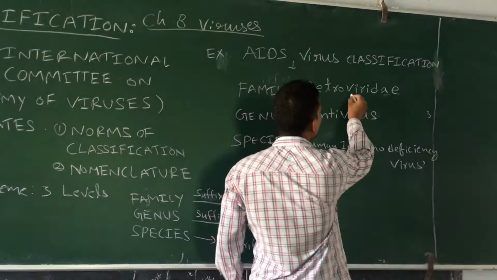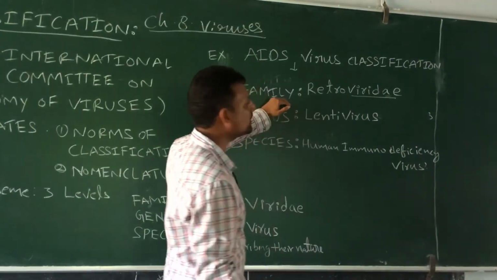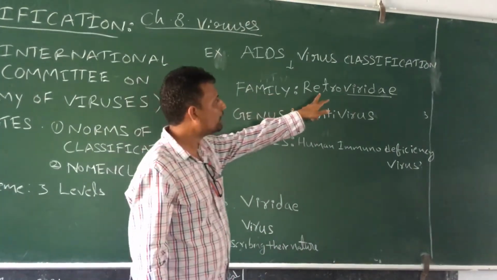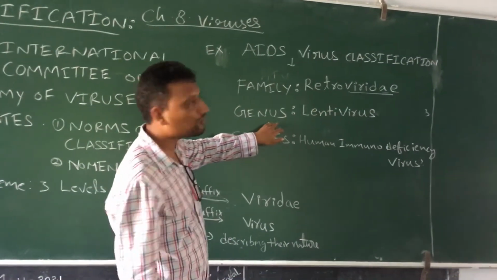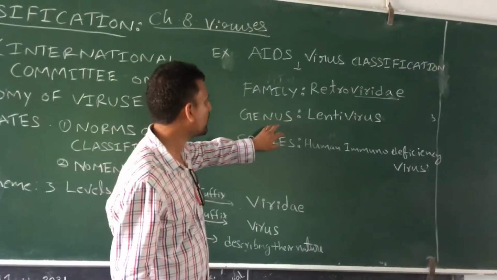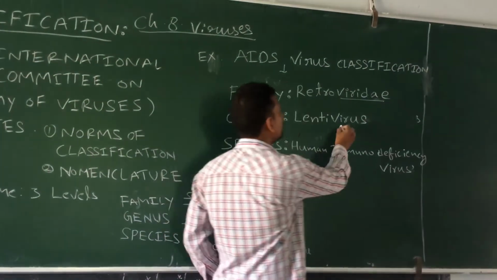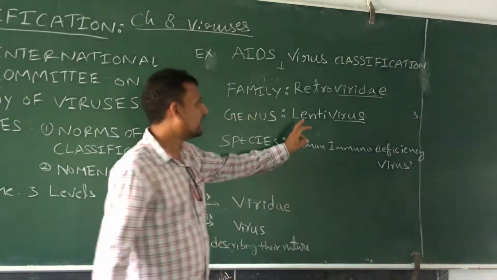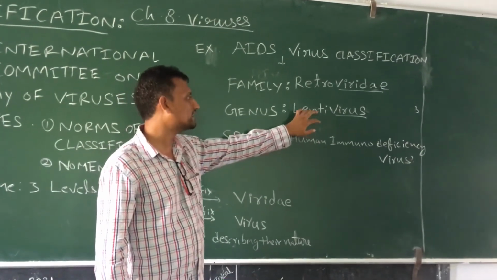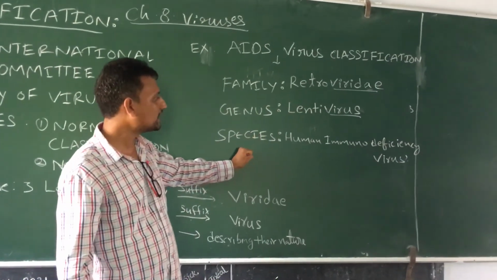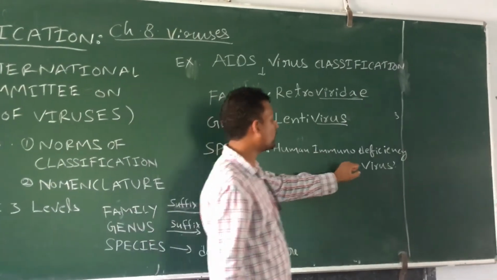Retroviridae. By seeing viridae we can say that it is a family. Next, which genus does it belong to? Lentivirus. By seeing it we can say that it's a genus. The HIV virus belongs to the lentivirus genus. Then the species is human immunodeficiency virus.